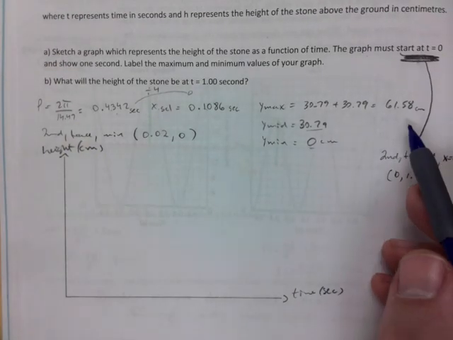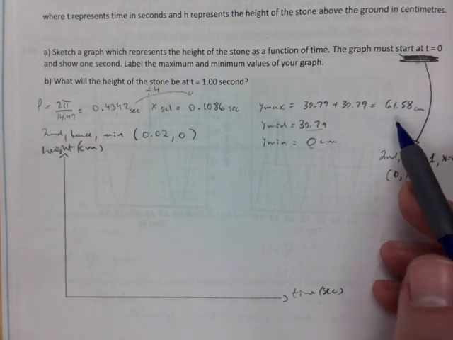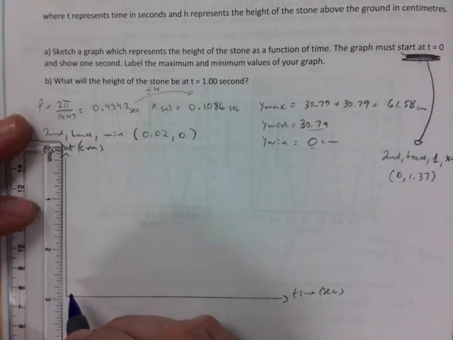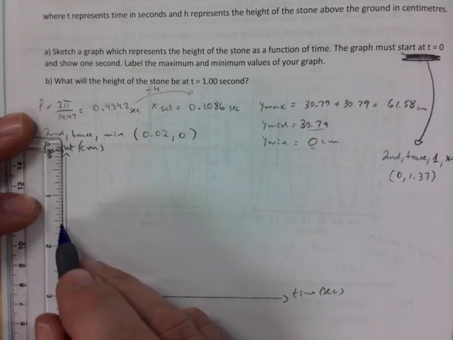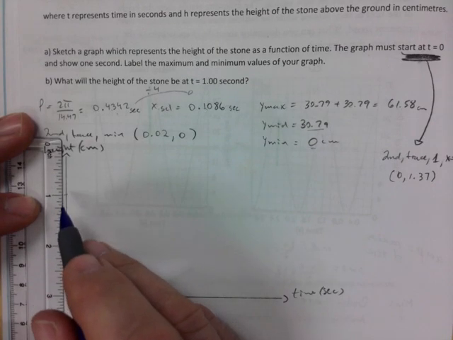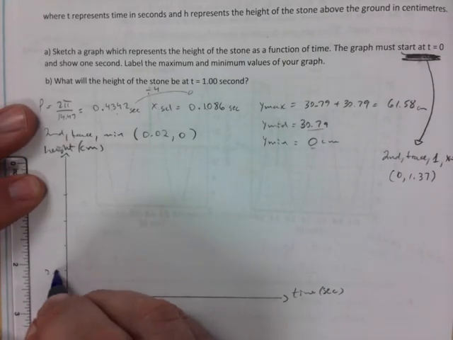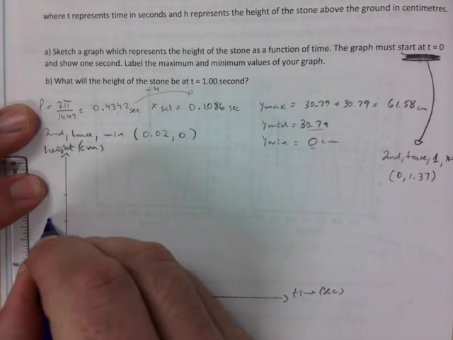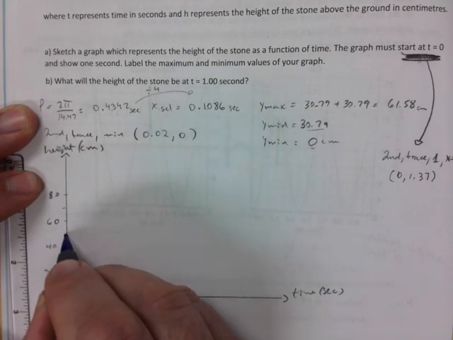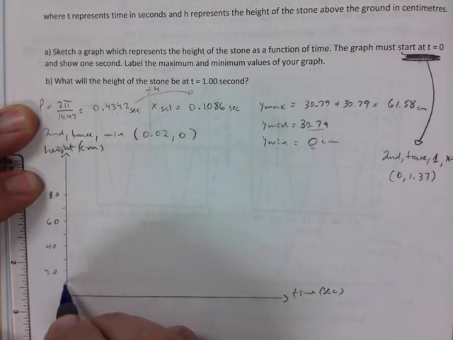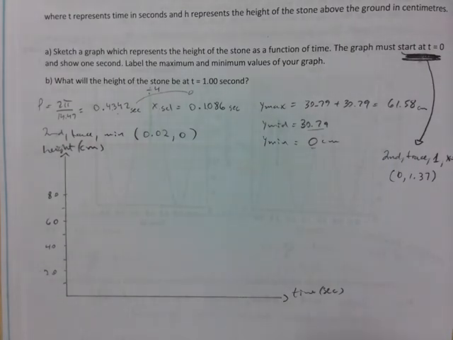And so I need to go all the way up to 60 and then a little bit past it. So if I go 20, 40, 60, 80, that'll do. And if you need to split the remainder in half to help you out a little bit, you do that.